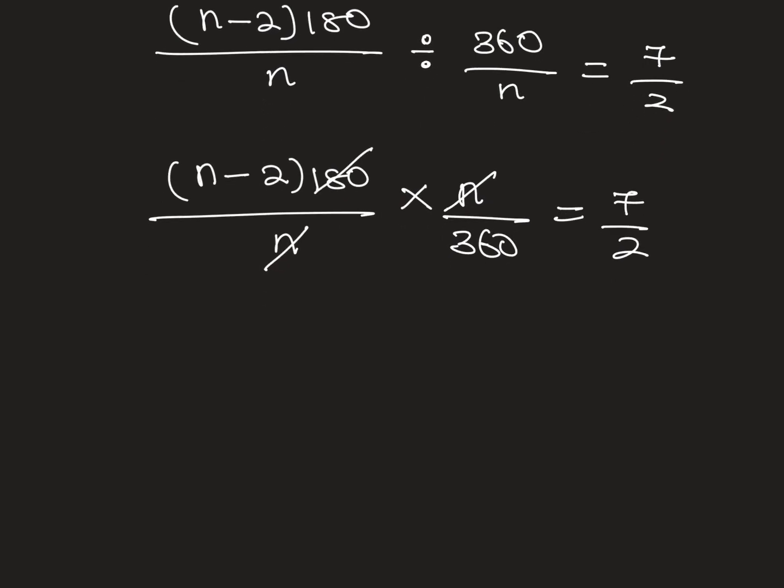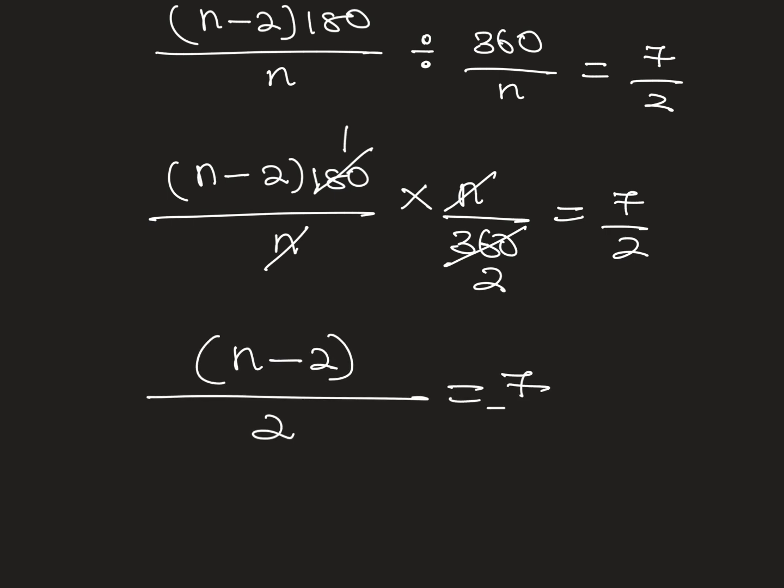Now 180 into itself is 1, into 360 is 2. So we're going to have (n minus 2) all over 2. This is equal to 7/2. If you want, you can cross multiply, but since the denominators are equal, like you have 2 here and you have 2, it means that the numerators will also be equal.